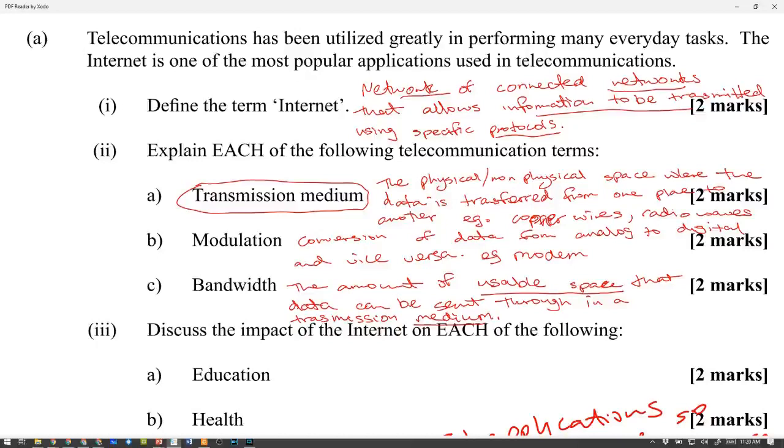But once you have usable space that could be sent, that's the key mark there, because you have to show that it's a confined space that sends data or allows data to be sent. All right, so we go. Nice.